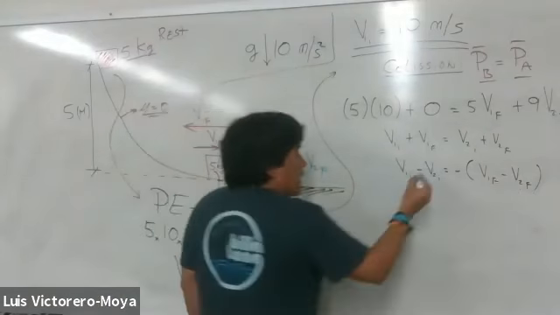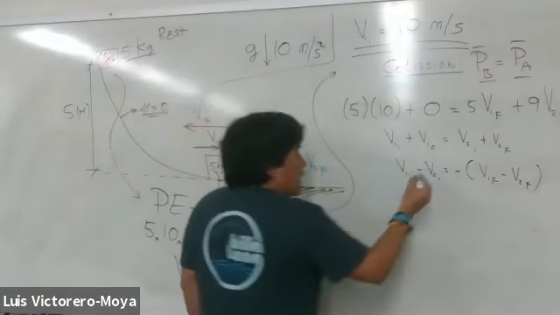Clearly, I can eliminate V1 final if I multiply the first equation by 5. This will give me 50 plus, if I add the equations, right? If you add the equations, 50 plus 50 is 100. This will be minus 5V1 final plus 5V1 final, and 5 plus 9 is 14V2 final.